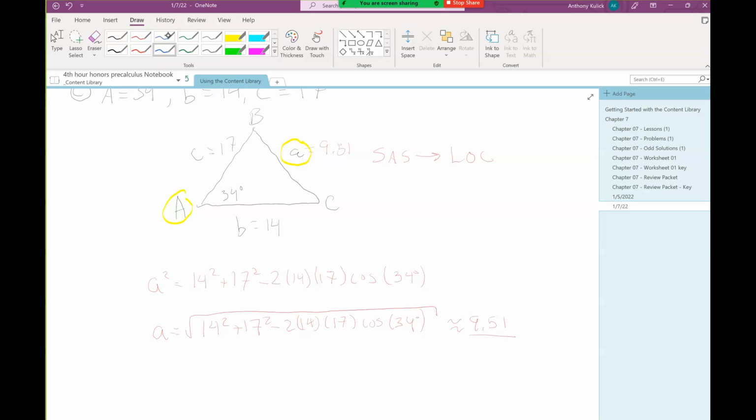The way to ensure that you avoid that is you find the smaller of the 2 angles first. Which, B or C, is going to be smaller? B. How do you know that?